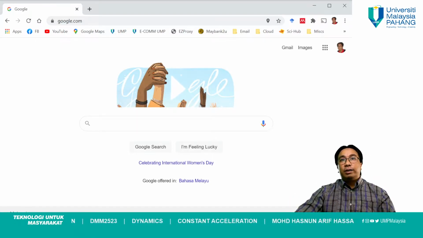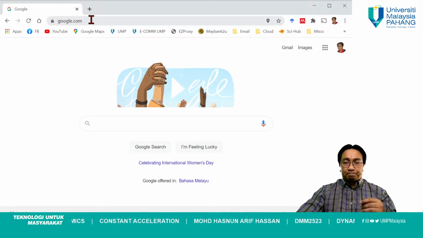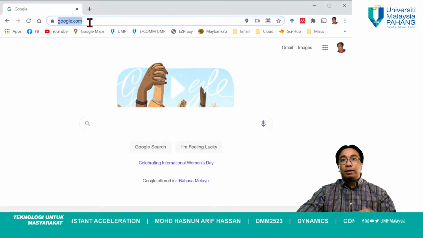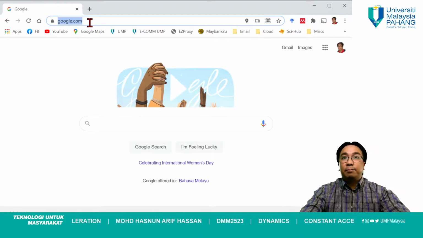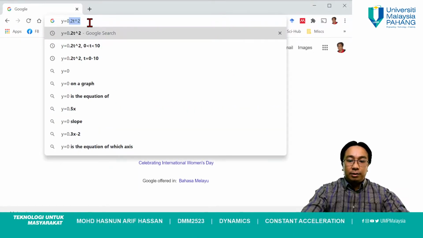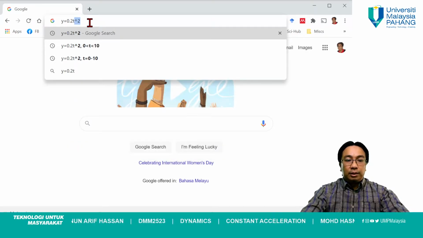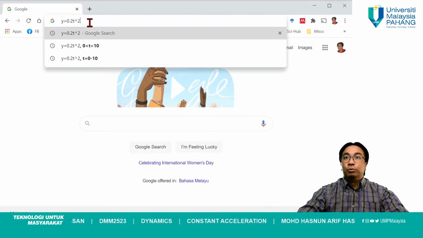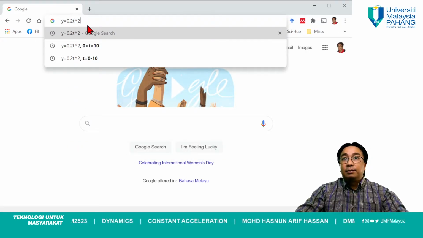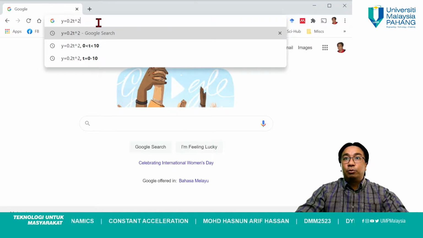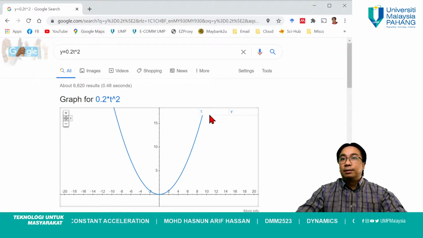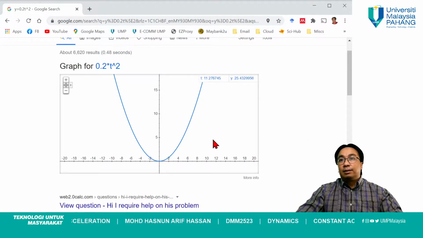So you ada dekat sini v equals to 0.2 t square. Okay, jangan letak v dan t, you kena letak y dan x. So you just type in y is equal to 0.2 t to the power of 2. Okay, macam ni. When you enter, Google akan generate rupa graf ni pada you.